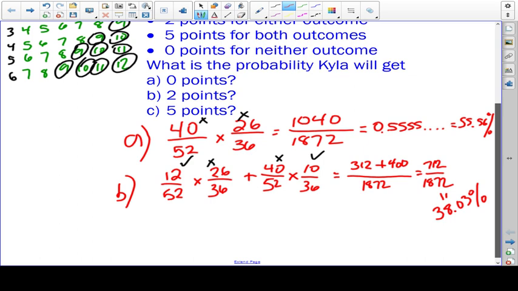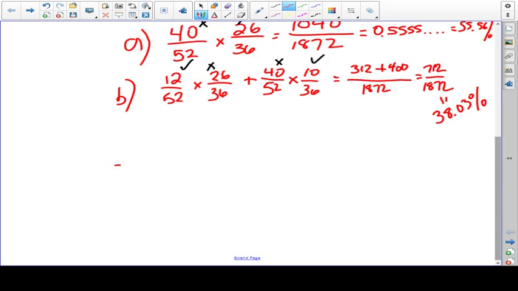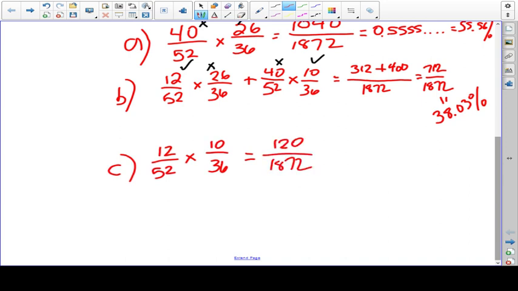So let's go ahead and find the probability that they get 5 points. And 5 points is when both favorable outcomes happen. In other words, it's 12 out of 52 times 10 out of 36. In that case, it's 120 over 1872.